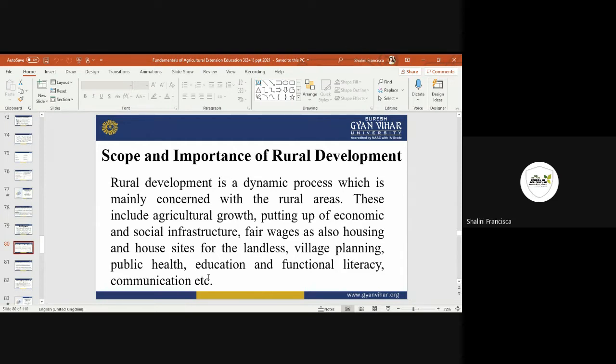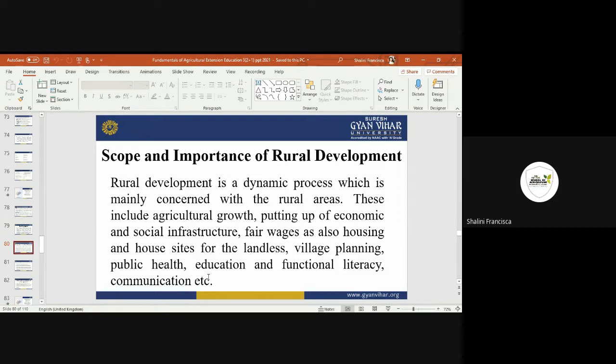Also housing and house sites for the landless. For those people who are landless, there come societies or projects which help people to develop and get a house, so that they can live well.